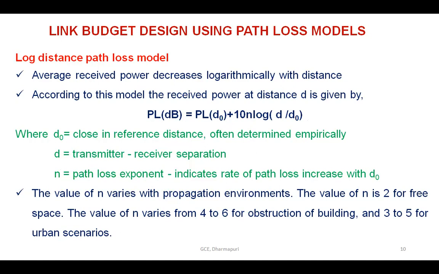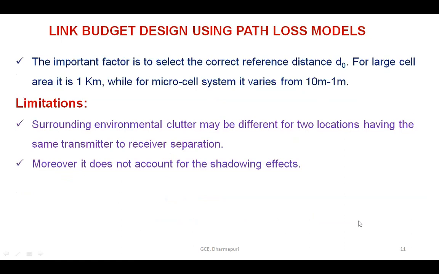The value of n varies with the propagation environment. The value of n is 2 for free space, 4 to 6 for obstruction by buildings, and 3 to 5 for urban scenarios. An important factor is to select the correct reference distance d naught.